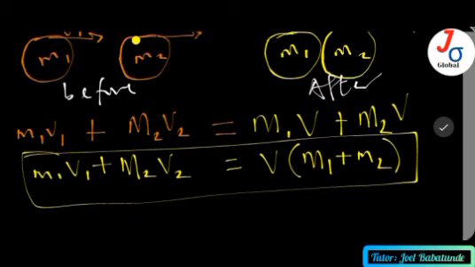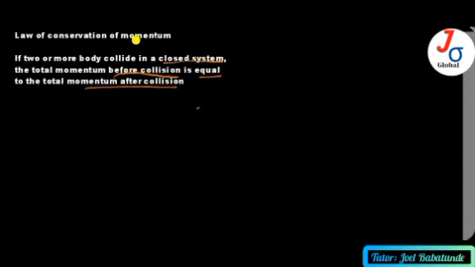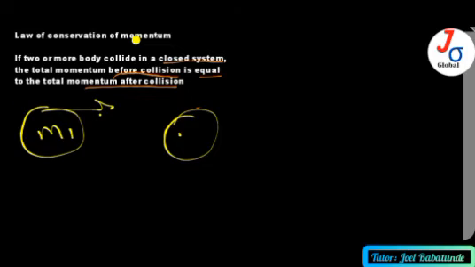Well, let's look at case 2. You have M1 moving in this direction, then you have the second one, M2, moving in the opposite direction.